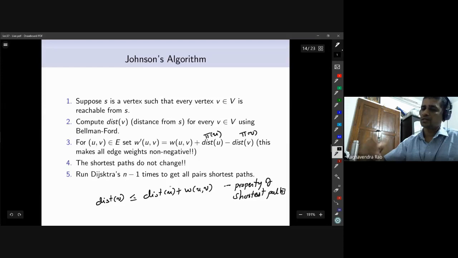So in other words, this number, w(u,v) plus distance of U minus distance of V, will always be non-negative.